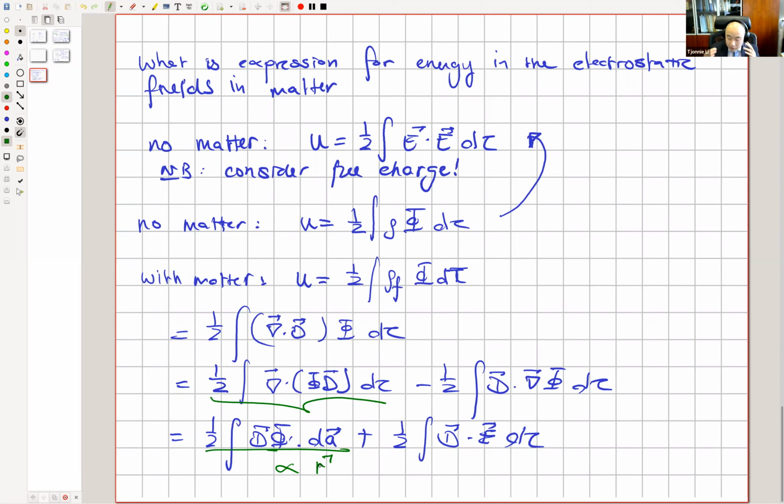So we're just adding up zeros. So we can integrate this all throughout space in such a way that the first term disappears, and we're only left with the second term, D dot E, integrated throughout all of space.